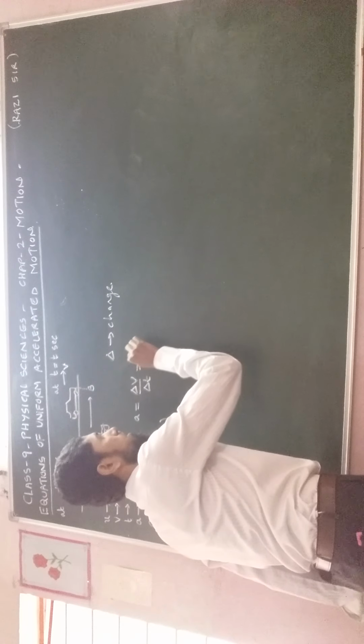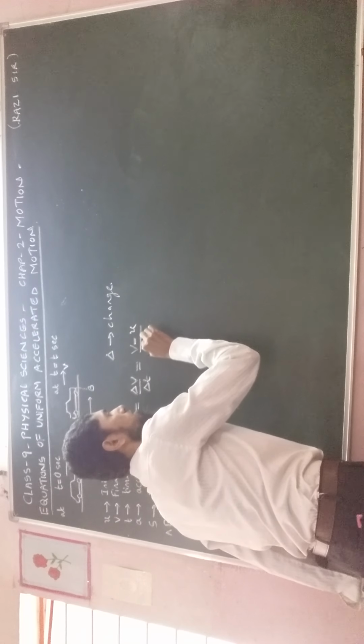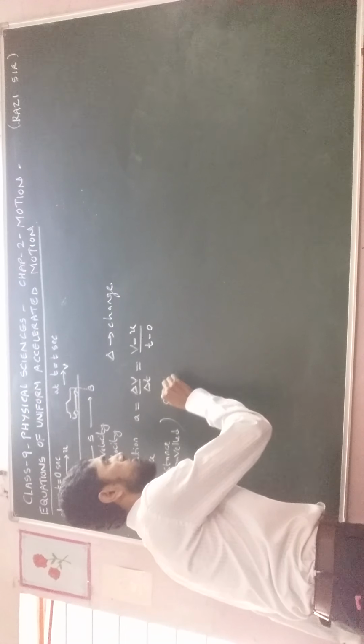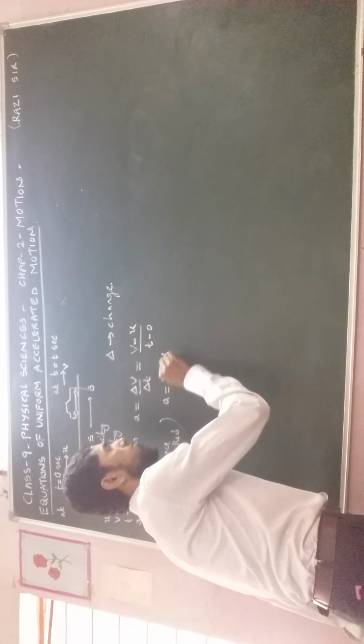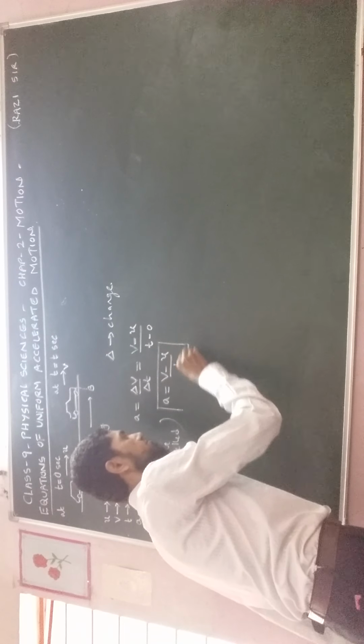From u to v. And how is the time changing? From 0 seconds to t seconds. So this acceleration we can write as v minus u by t minus 0. From this we have the formula of acceleration as a equal to v minus u by t.